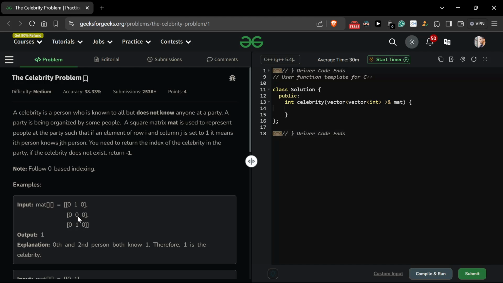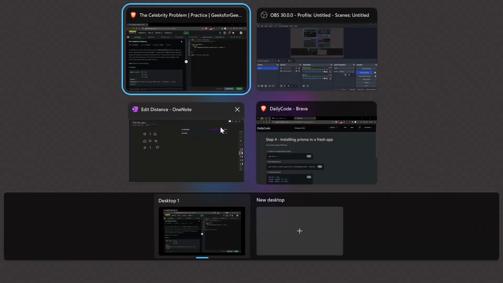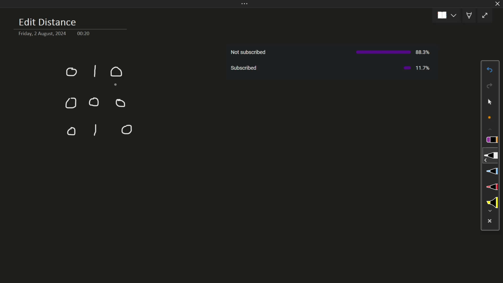So let's build the approach. As you can see, this is the 0 1 index, so there is an edge from 0 to 1, and this is 1 to 2 1, so there is an edge from 2 to 1. We have to only take ones.